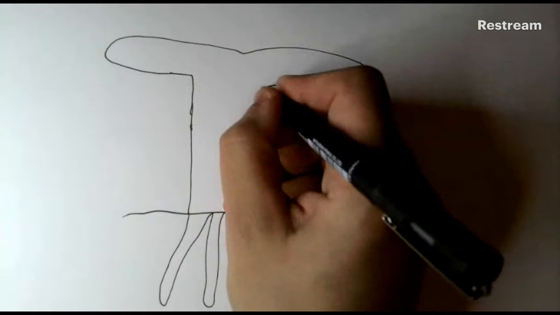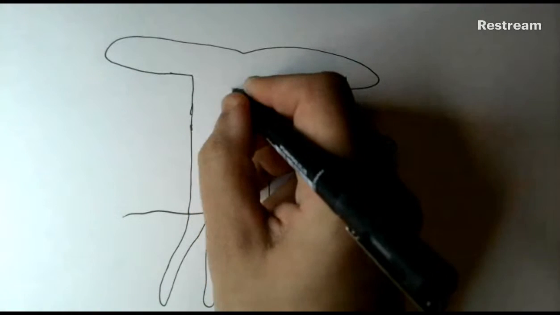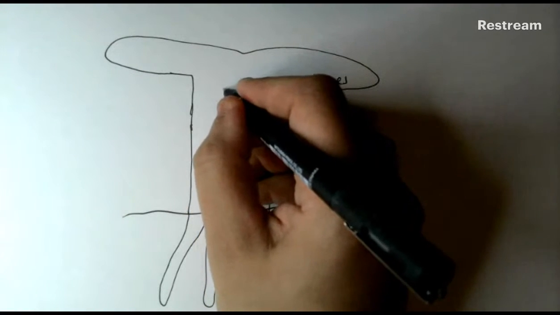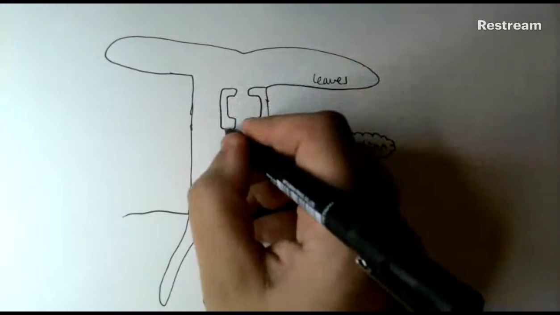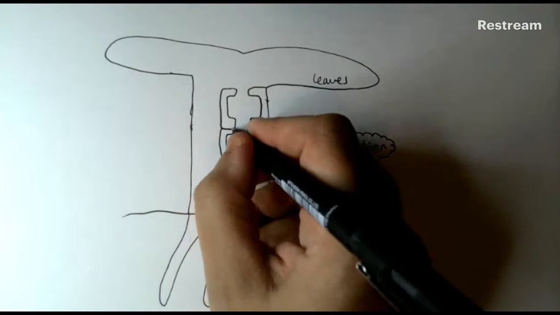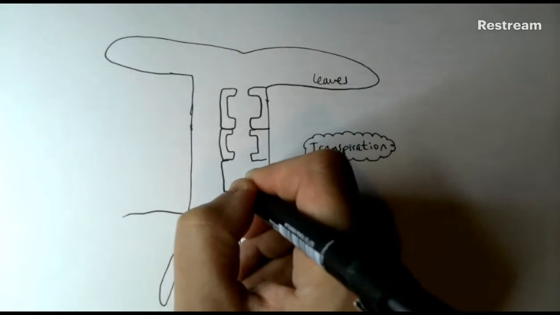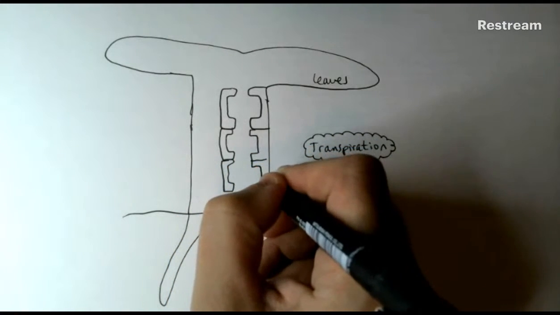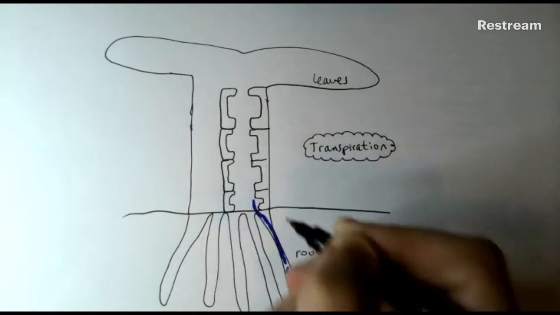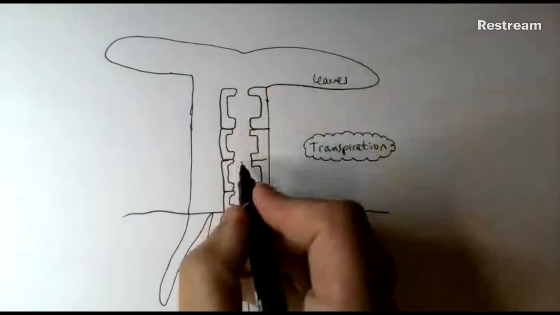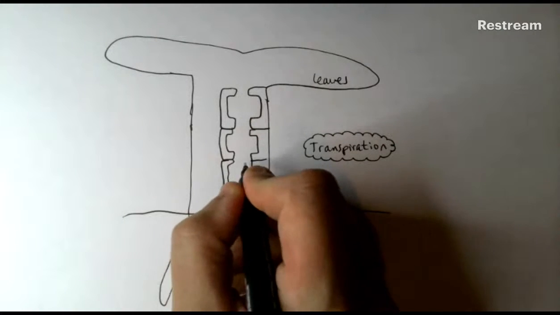So the xylem have no end cell walls. As you can see here, they've got no end cell walls, and they're dead cells. I'm going to explain why they have these adaptations. There's a gap here.